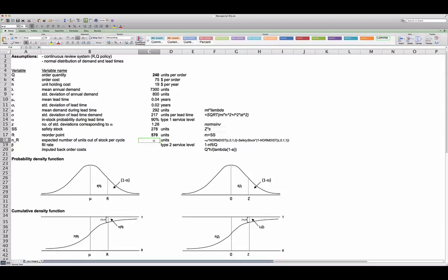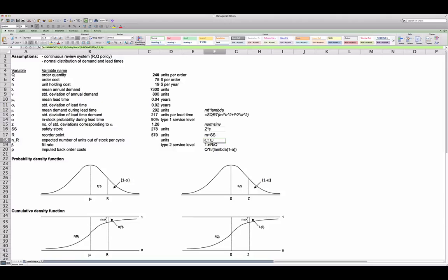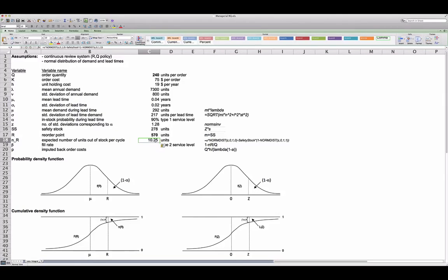So then what I can do, and again, this of course goes beyond just defining the RQ policy, is figure out what would be the resulting fill rate, and to do that I need to calculate the N of R, the expected number of units out of stock per cycle. Now the good news is I can simply do this by implementing the formula that was shown here. So let me go right ahead and do that. And you see I will get a value of 10.25.